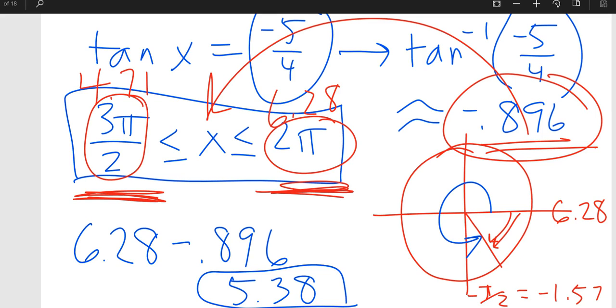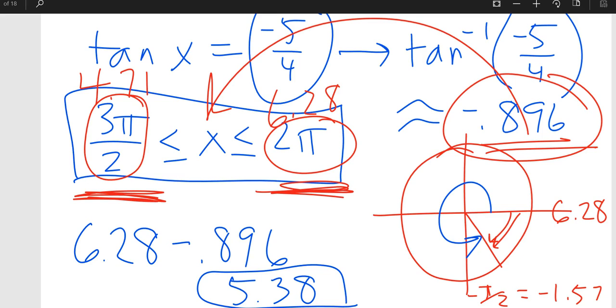Question? I don't see why it would unless it's a rounding issue. Let me do that. Maybe I need to use a more accurate version of pi. 2 pi plus tangent inverse of negative 5 over 4.